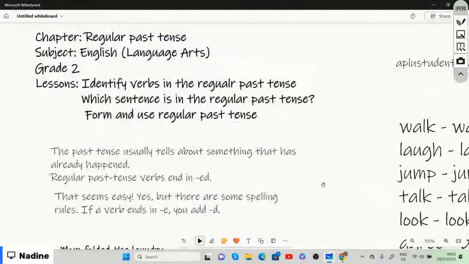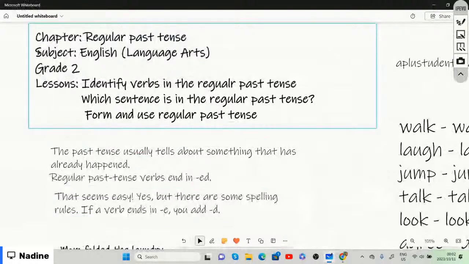All right, so once you have selected the subject of regular past tense, we say our chapter is regular past tense. Our subject is English language arts.